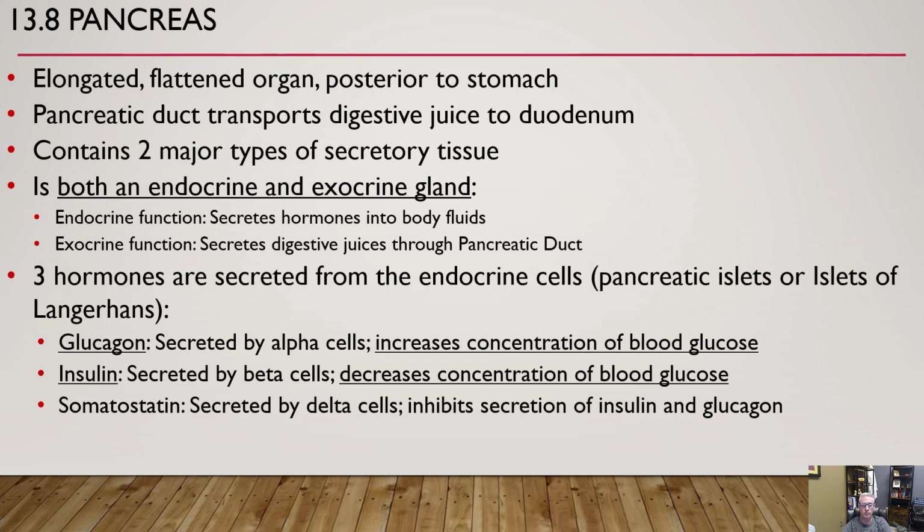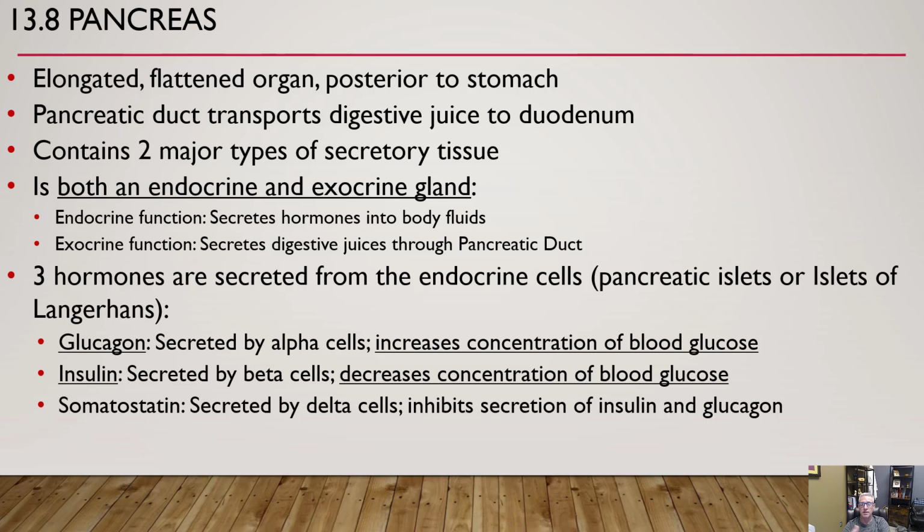So if we're breaking down glycogen, we would say glycogenolysis, and convert non-carbohydrates, such as amino acids, into glucose. So now we're creating new glucose, gluconeogenesis.